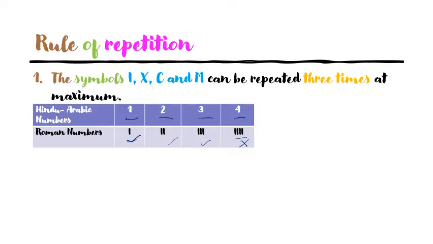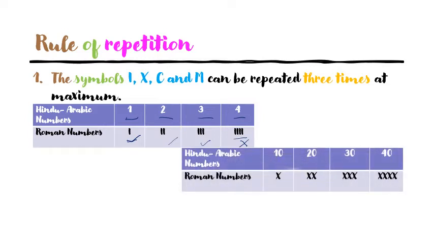Now let's see for X. X represents 10 in Roman numbers. So 10 is represented by X. We'll write only one time. To represent 20, we will write X 2 times. 10 plus 10, 20. Now to represent 30, we will write X 3 times.